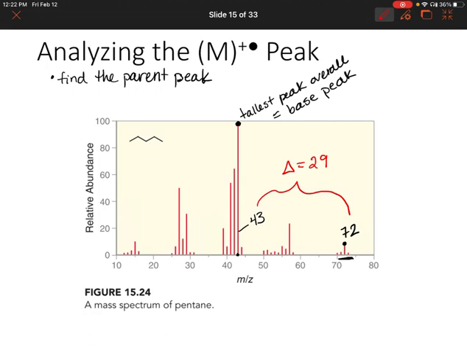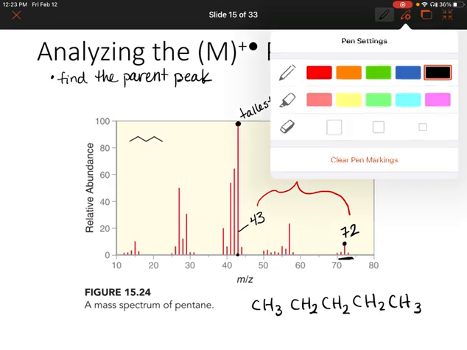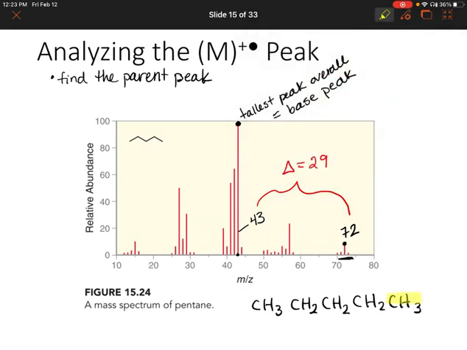Okay, so let's look at the possible fragments that we could have from pentane. Well, we could lose, let's see, a methyl group. Okay, so if we lost a methyl group and it just was kind of hanging out on its own, what is the mass of that methyl group?